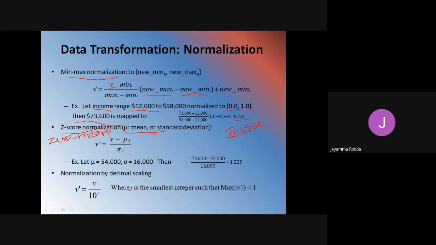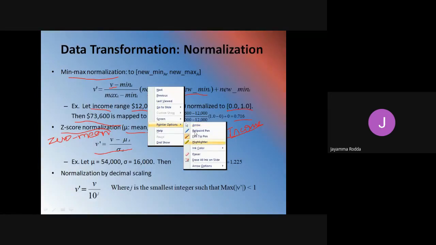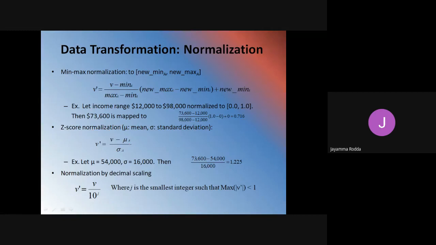V dash is calculated in order to identify the normalized value for the given income. A value V of A is normalized to V dash by computing V dash equal to V minus mu A divided by sigma A.